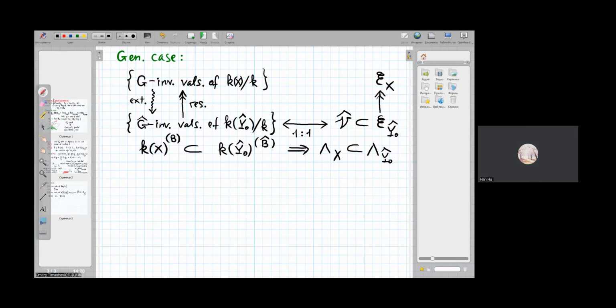In other words, this projection of vector spaces gives rise to a surjective map from this cone V hat to another cone V sitting in this vector space. And this cone V will correspond to G-invariant valuations on X. Since V hat was convex and solid, its image under a linear surjective map will also be convex and solid. So this finally proves the lemma in full generality.